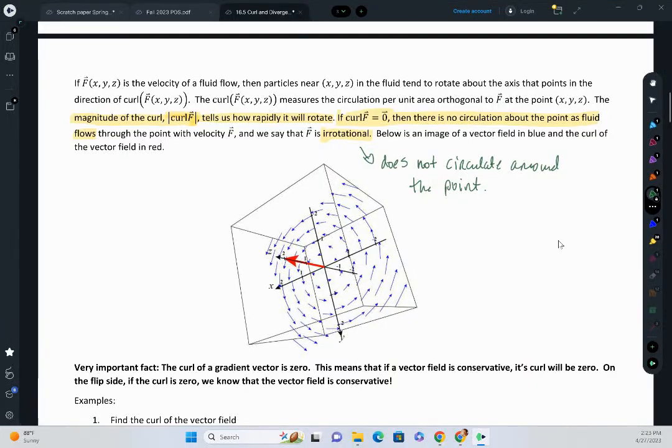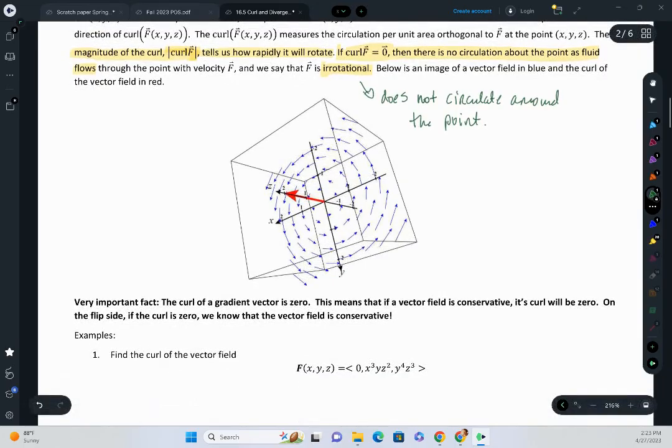So for us on a 2D vector field, the curl points out of the plane, straight out. Okay, so very important fact, just in case you didn't hear me say it already, the curl of a gradient vector is 0. This means that if a vector field is conservative, its curl will be 0, okay? And vice versa. If the curl is 0, then we know the vector field is conservative.